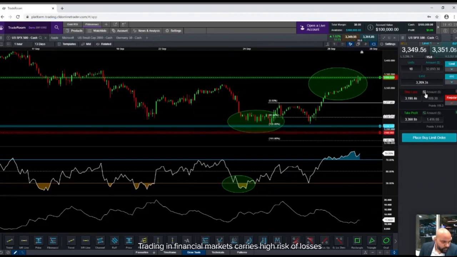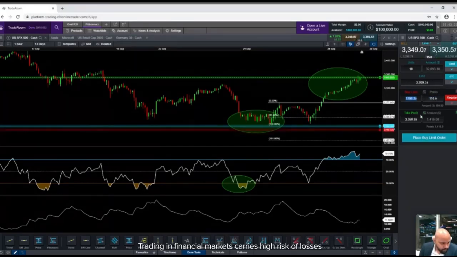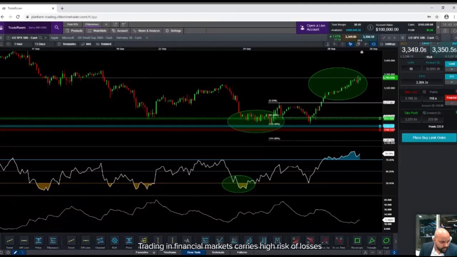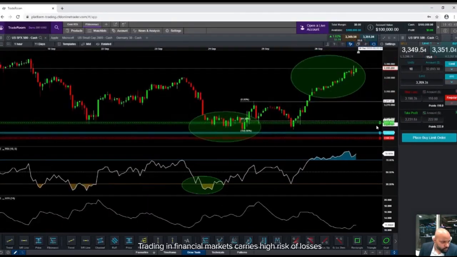Now again, you can put a stop loss below. So that's about $11, that is my ATR, and probably let's say $22 on the higher end, right? So this is what my ATR had given me.